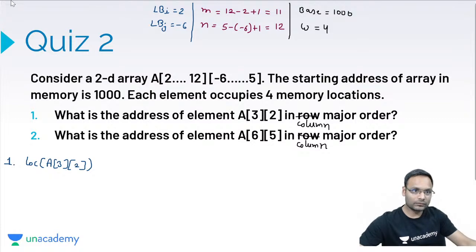Here i is 3, j is 2, equal to, what should be the answer?